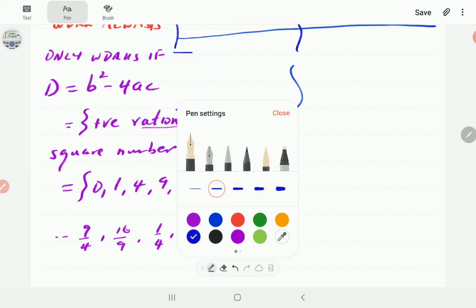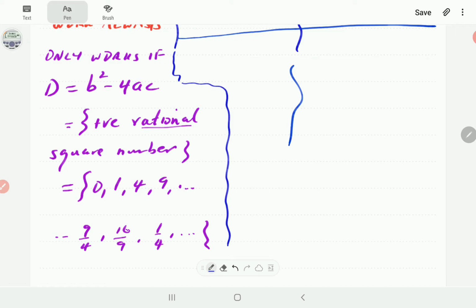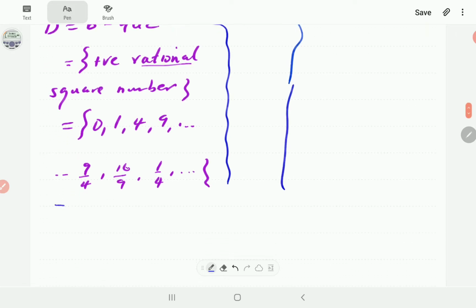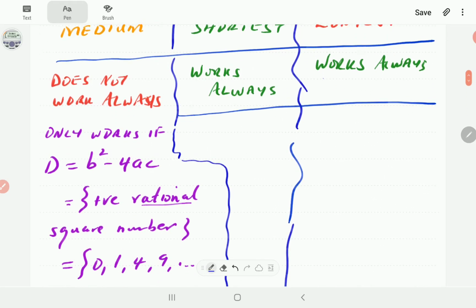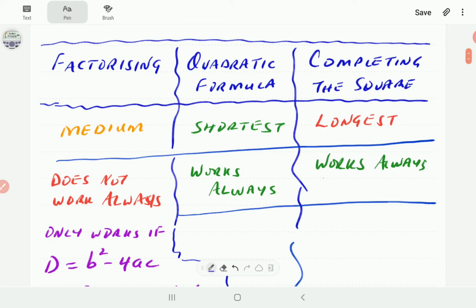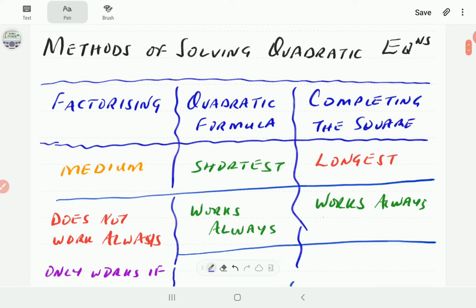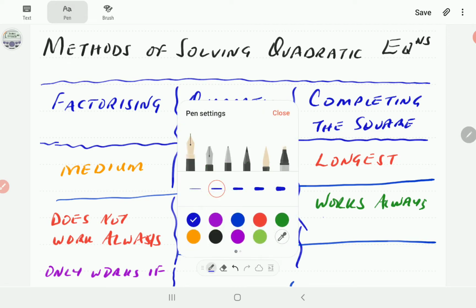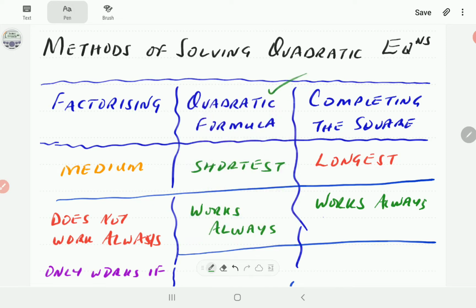Actually, there is another video that we have done which looks at the role of the discriminant. If you check that video, it's also going to have the details of how the discriminant works in the different cases. All right, so from this, if the question just says solve a quadratic equation and there's no restriction on which method to use, this clearly suggests that the quadratic formula is going to be your best shot.